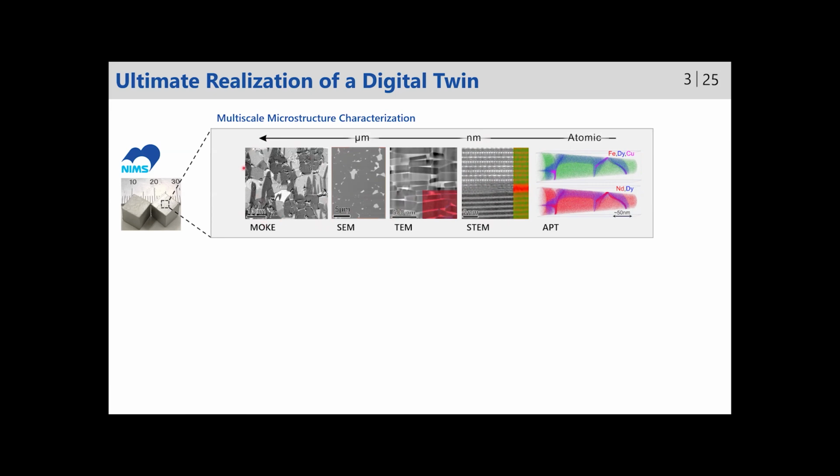For example, we can observe some domain structure in magneto-optic microscopy. So you see that for a real material, the properties, the performance is like a synergy starting from the atomic scale of phenomena up to the macro scale.